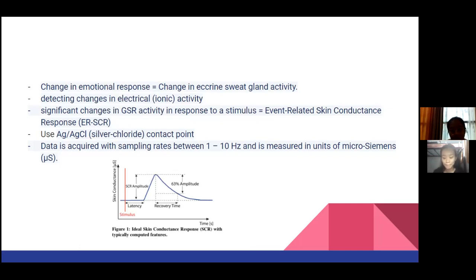What kind of other signals inside our body may interfere with this recording of eccrine sweat gland activity, that may become noise, because we are measuring the ionic activity? What do you think can become noise to your sweat gland activity measurement?